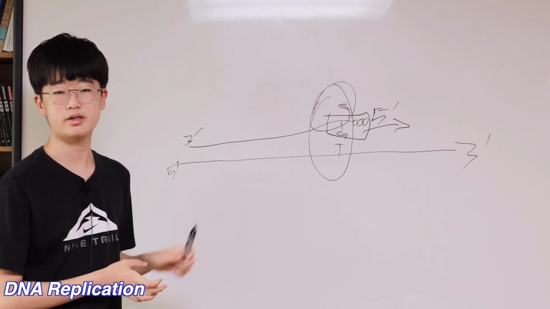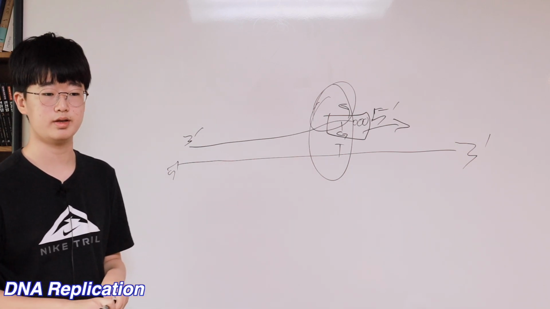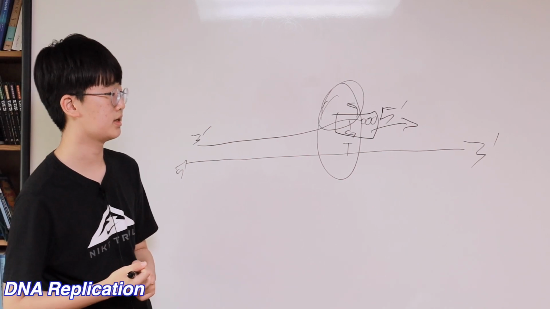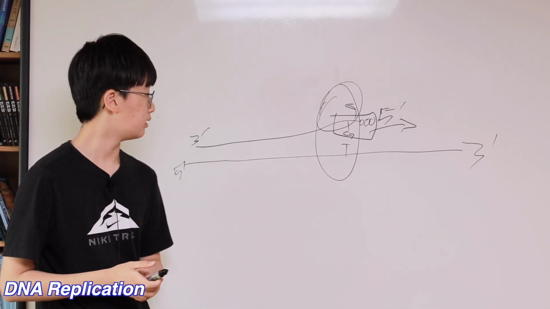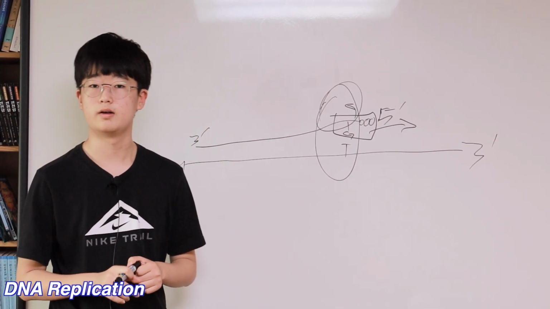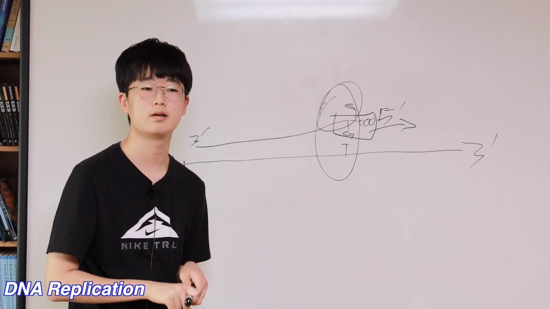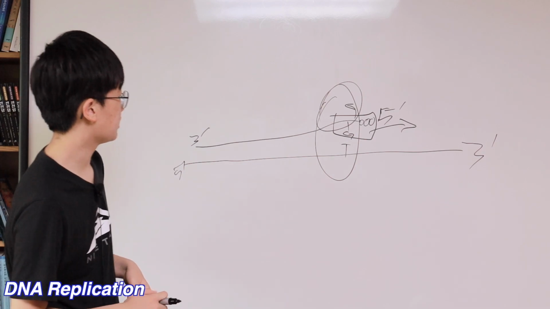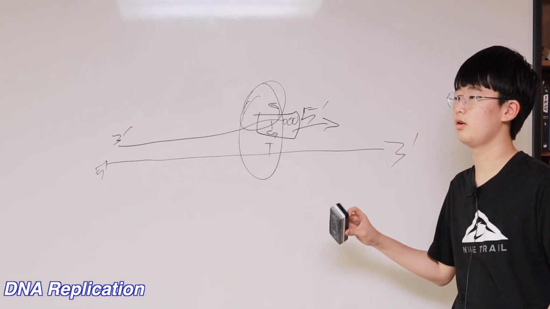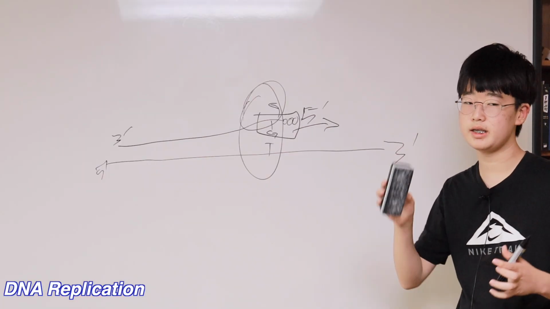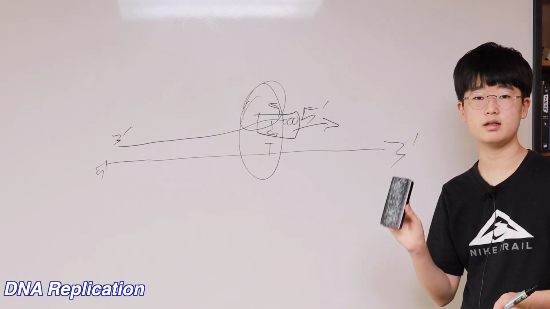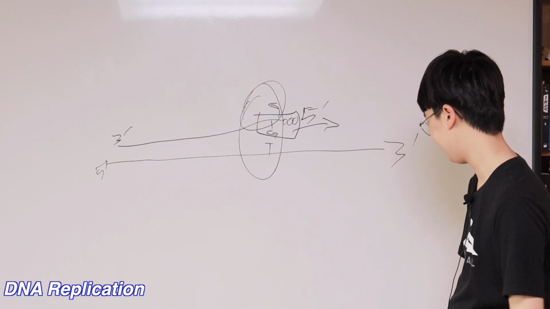Yeah, this mechanism is another very important thing, and this reduces the rate of mistakes about 100 to 1,000-fold, and so therefore about a mistake every billion nucleotides has been accomplished.